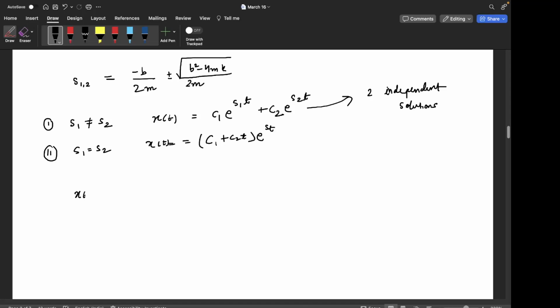Let's say our initial conditions are x(0) equal to x0 and v(0) equal to v0.